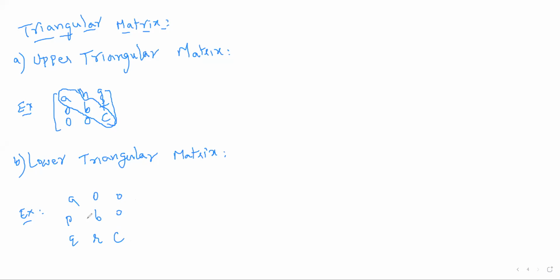What you have observed here is that below the principal diagonal the elements are non-zero and above they are zeros. So this is called a lower triangular matrix. That is the upper triangular and lower triangular matrices.